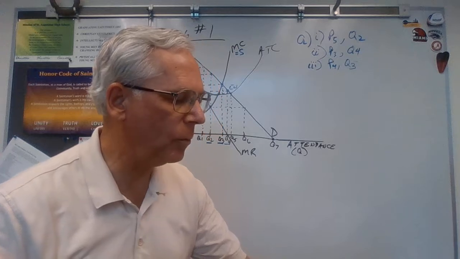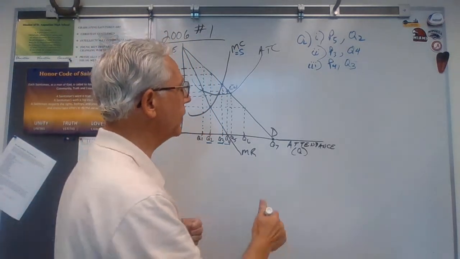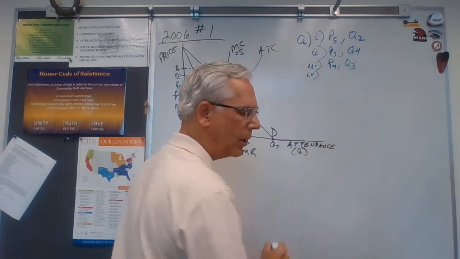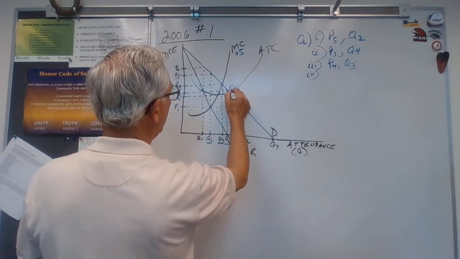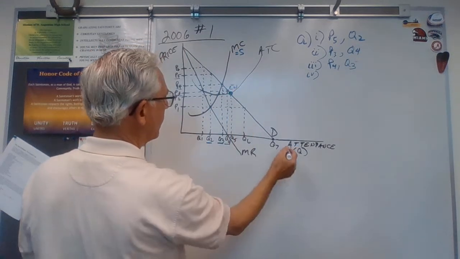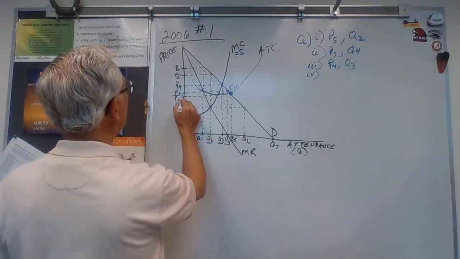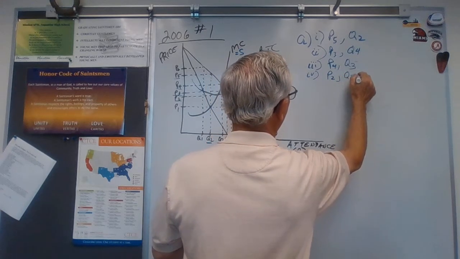Part 4, the museum wants to maximize their attendance as long as it breaks even. So where do they break even? Where average total cost equals the demand curve. So that would be Q5, P2. P2, Q5.